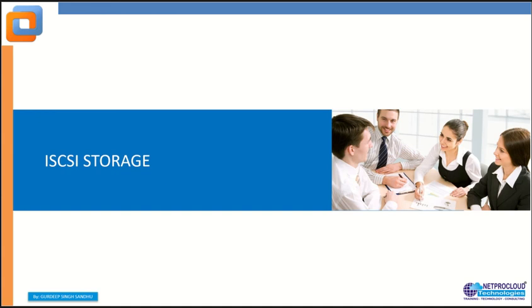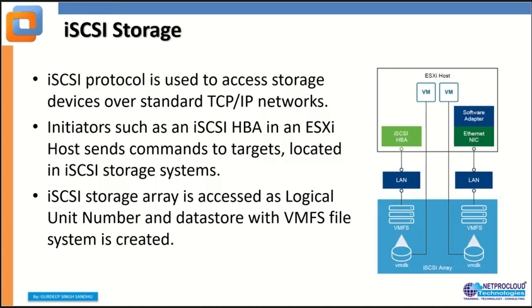Now third is iSCSI storage. In iSCSI storage, the SCSI communication goes through the Internet SCSI protocol. On the ESXi host, we need a host bus adapter of one of two kinds: a physical iSCSI adapter, or a software adapter.